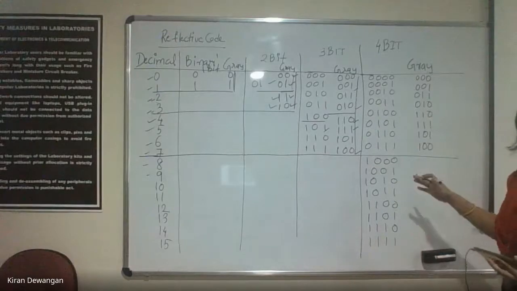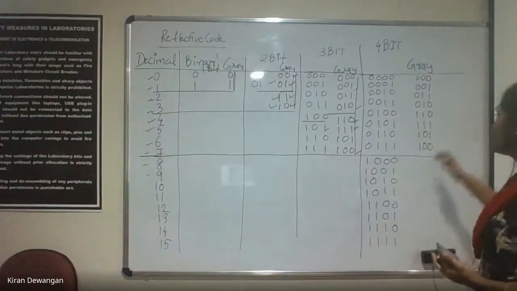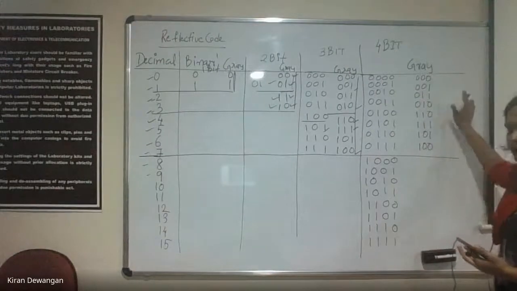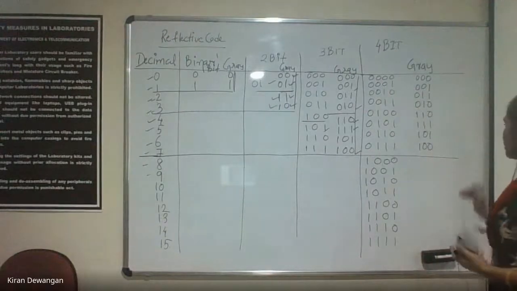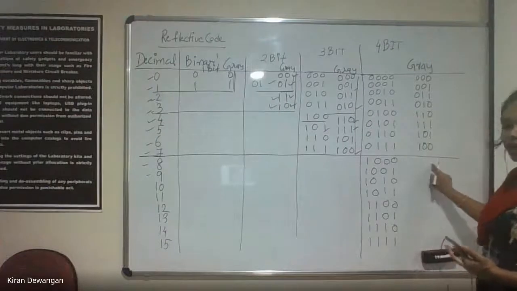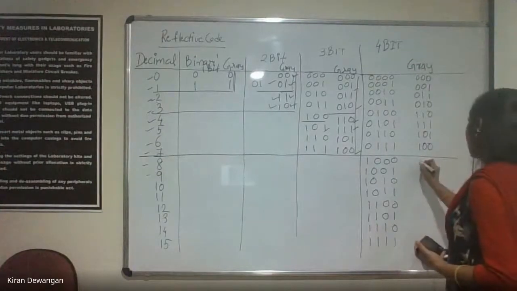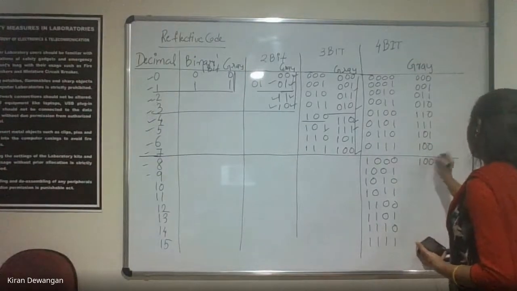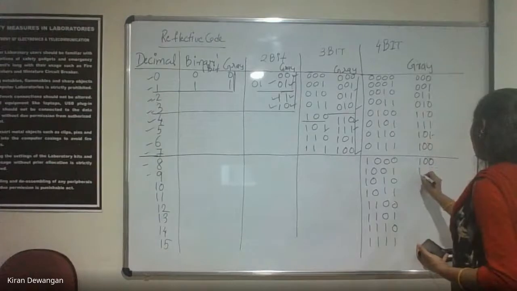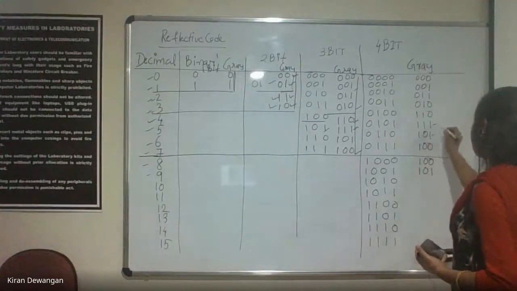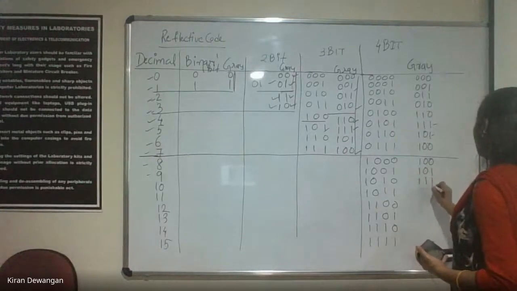Now what will we do next? We'll take the mirror image from upside to down. Okay? Now what will be the code coming here? What would be the code here? Yes, correct. It's 100. Then this one 101. Then this one 111.